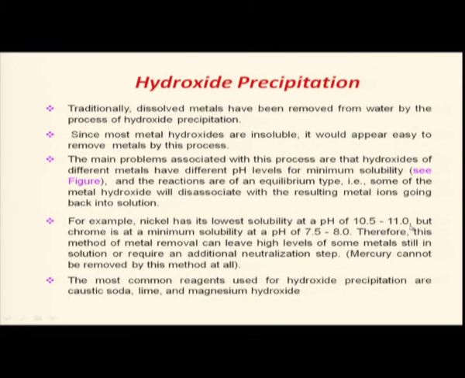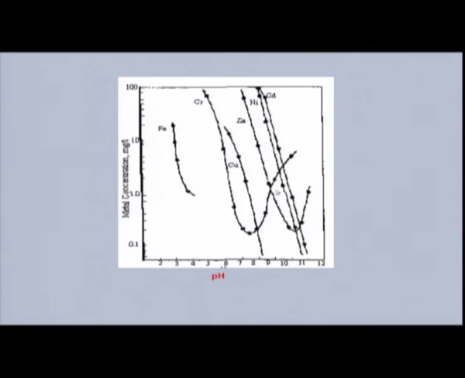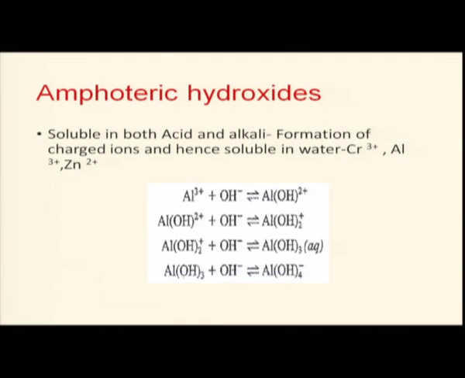This makes this process a little cumbersome. So you have to see these values and what metals are present in the particular situation. Either, if conditions are favorable, you can go for a common precipitation, otherwise separate metal precipitation is ideal.